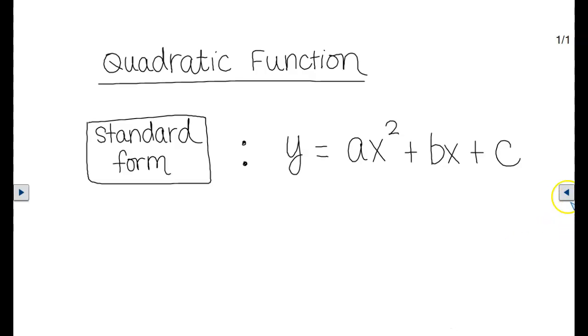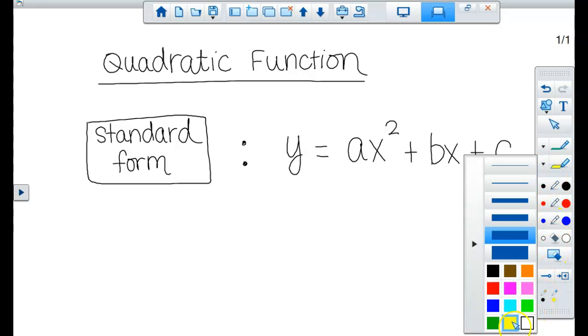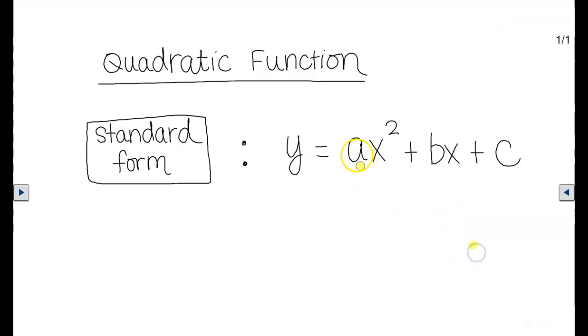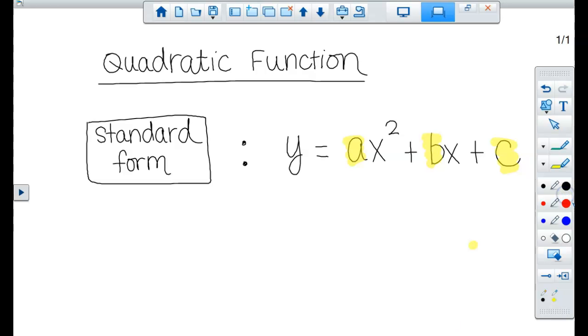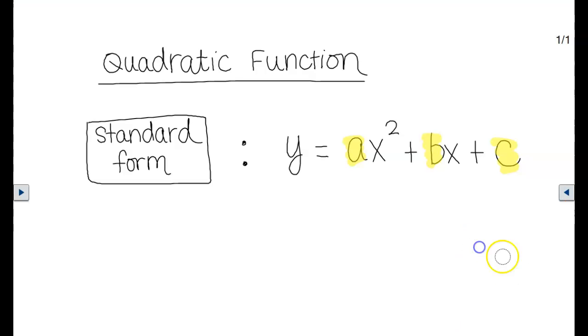Now, I want to emphasize to you here that when we look at this thing, the a, the b, and the c are going to be numbers. So those are going to be your numerical coefficients. So something to keep in mind there.